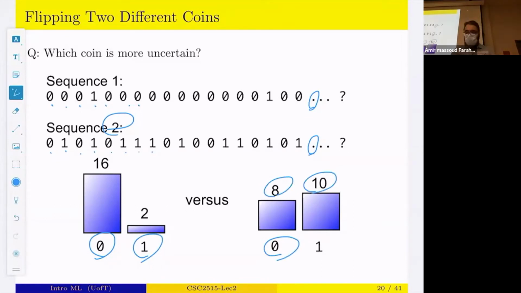So the probability for the first sequence is very unequal, concentrated on probably being 0. For the other one, the number of occurrences are more or less the same. So we want to make this intuition into some notion of uncertainty.